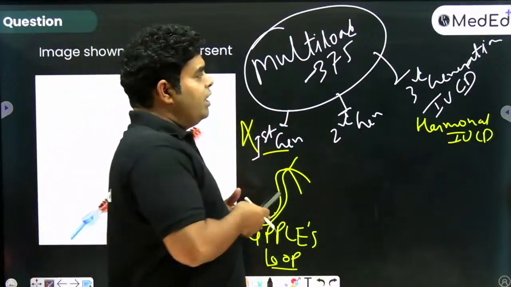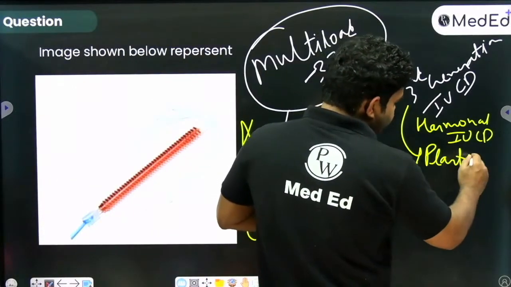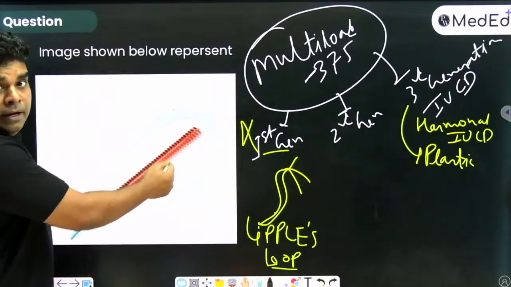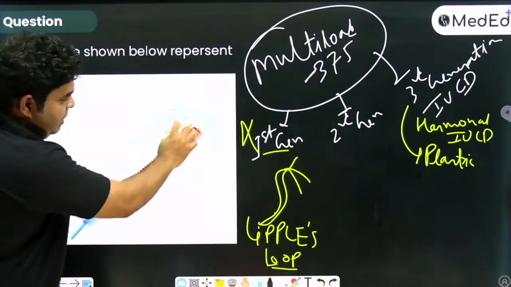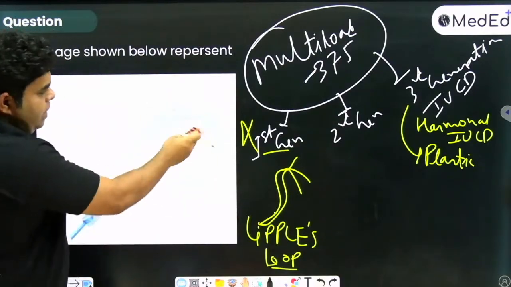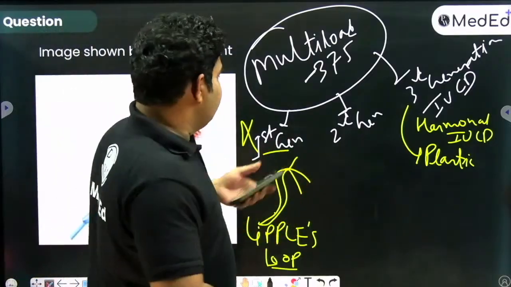So third generation IUCD will always be a plastic IUCD. And here you can see the metallic part. No plastic part is here. Now the plastic part is in the upper part for the attachment inside the cervix. But this part is metallic, so it cannot be third. It is second generation IUCD.